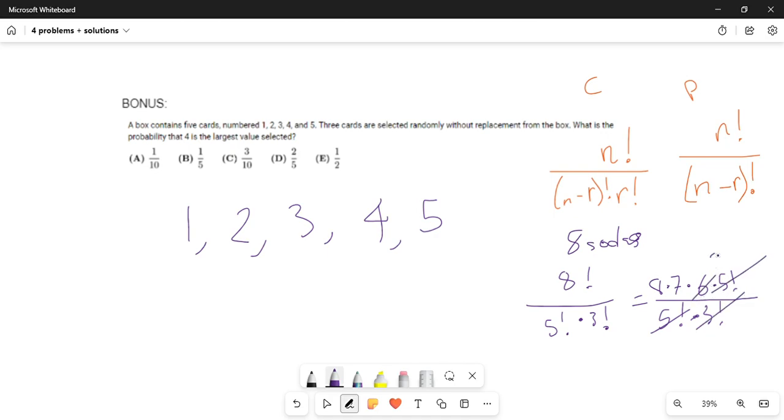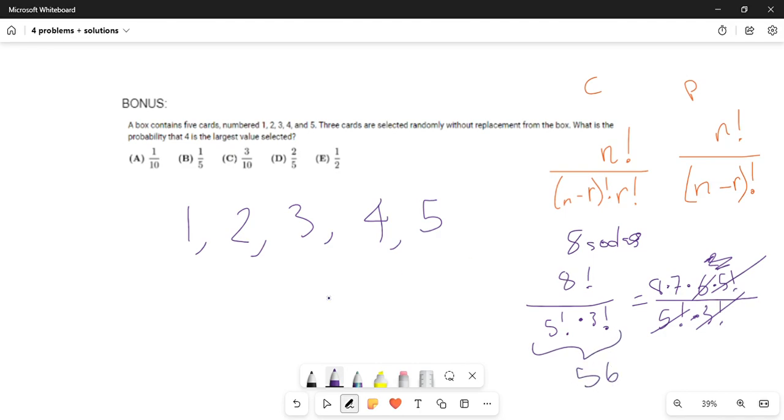Then 6 over 3 factorial, wait, something's wrong. 3 factorial is 6, so there's no extra 2. You just get 56 as your final answer.